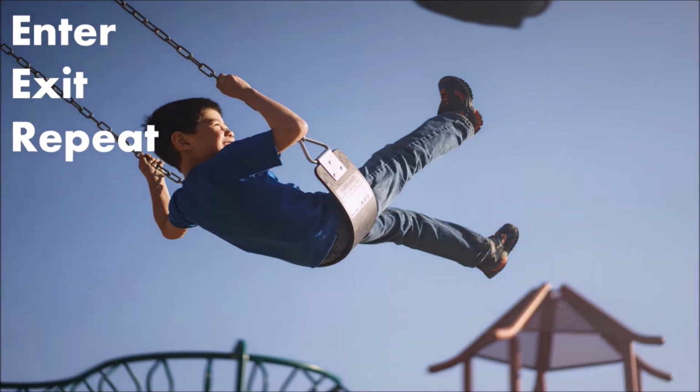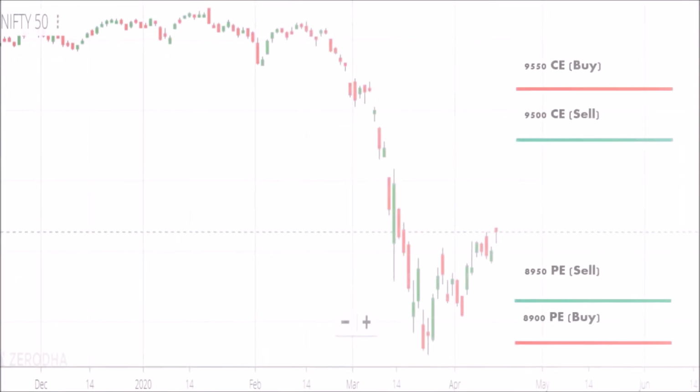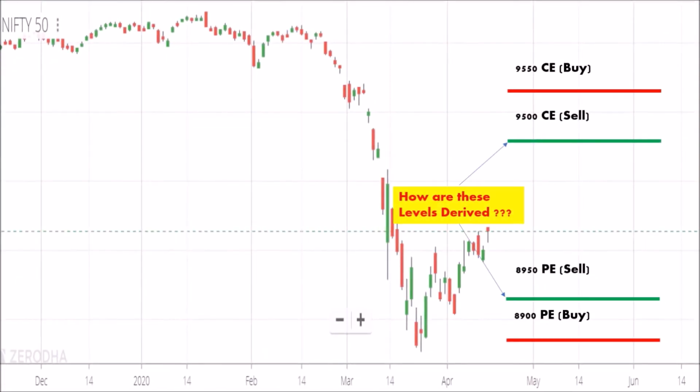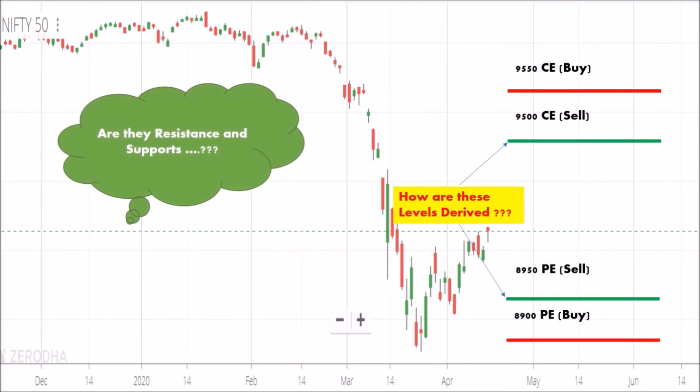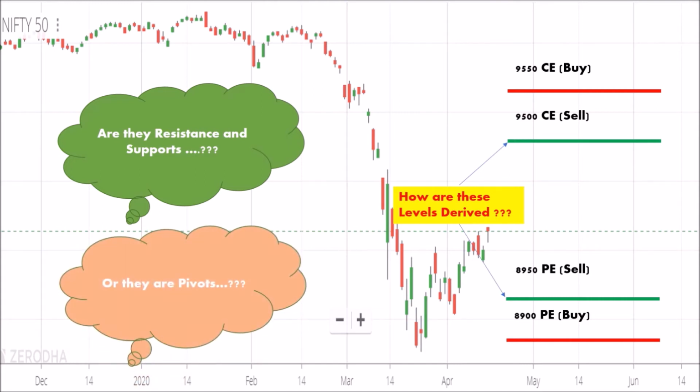So now the question which comes in everybody's mind is, how are these levels derived? I can understand, and there will be questions like they resemble something like resistance and supports, or they must be pivots, or there are various levels that are given by so many experts every day.